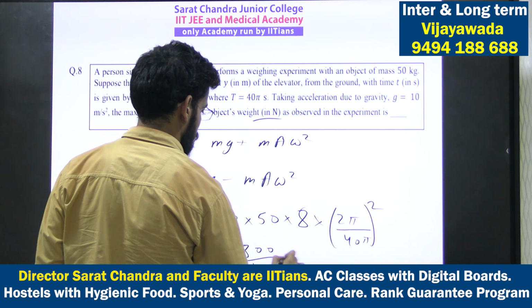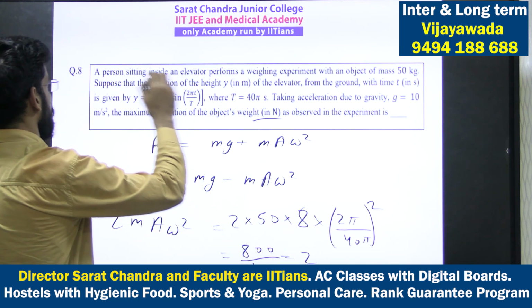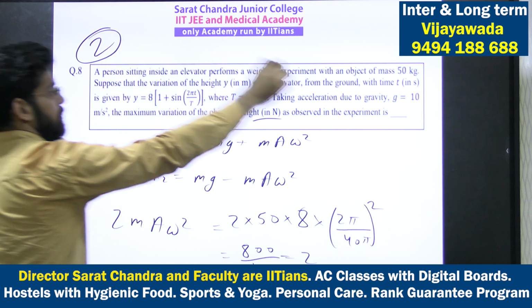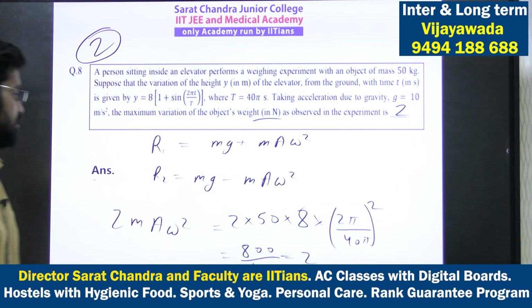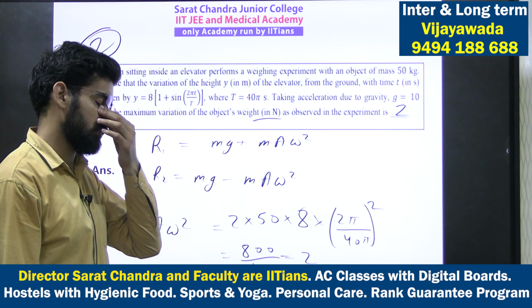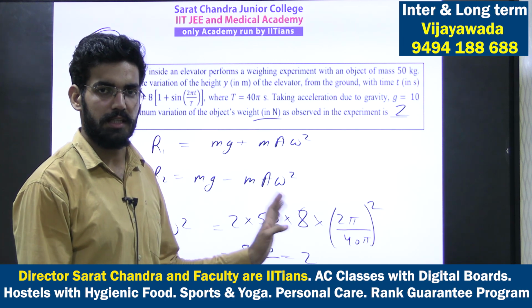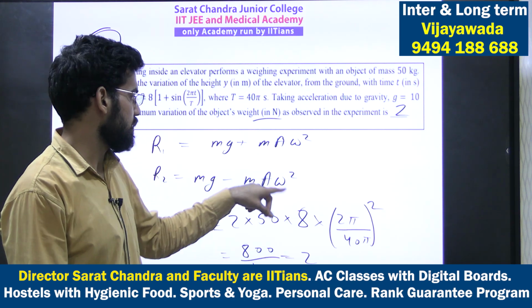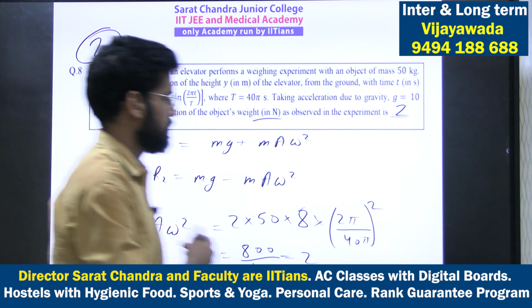So this variation is 2 Newton. So the answer is 2 here. That's how the answer will come, 2. Very easy. Normal we have studied how it varies when acceleration is upward or downward. This is the maximum acceleration upward or downward. Accordingly, you write down 2 values. That's it. Next.